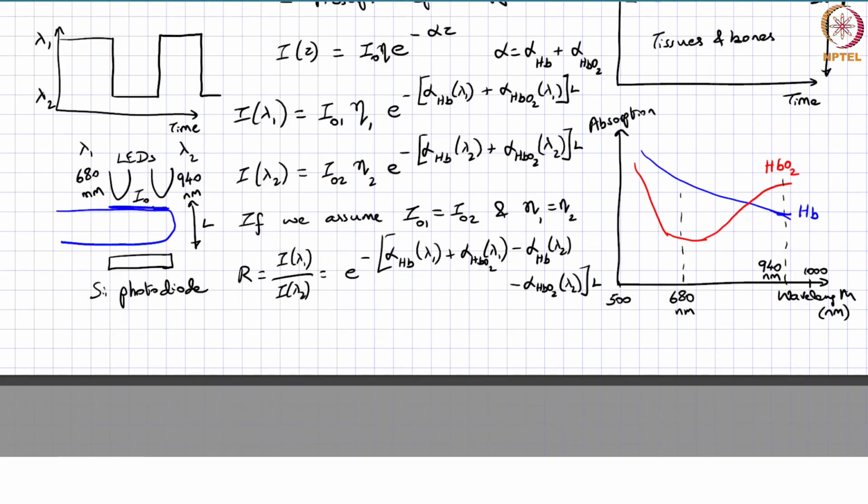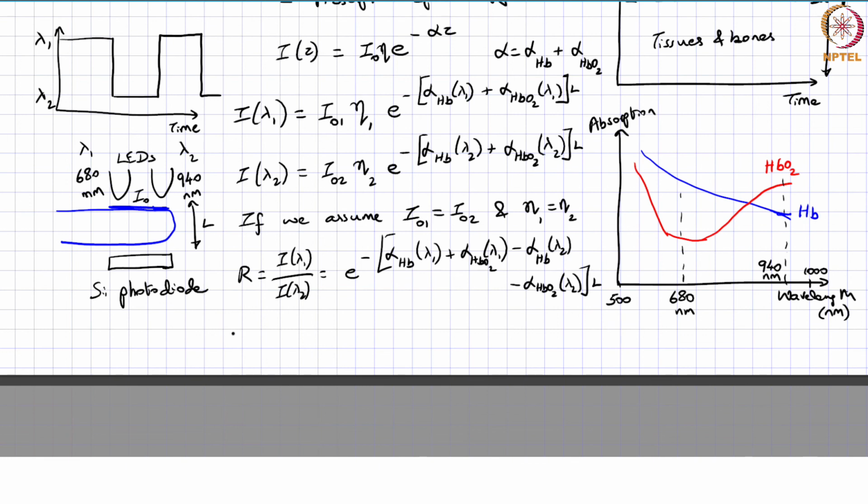Let me see if I can go down a little bit. You can rearrange those terms, and then you can get an expression in terms of the measured quantity. So what is measured is actually the ratio, right. So from the measurement you need to infer the oxygen saturation.